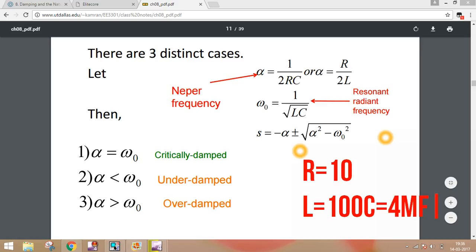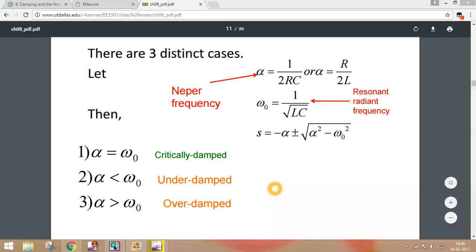If you put that, it is microfarad, not mega, remember. So in this way you can find it, and this is fixed R and L.